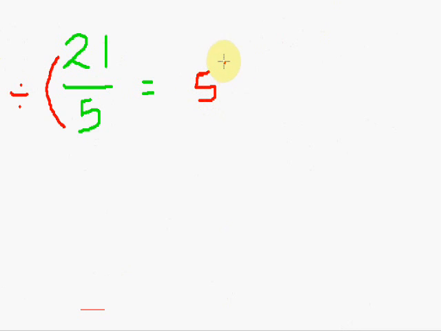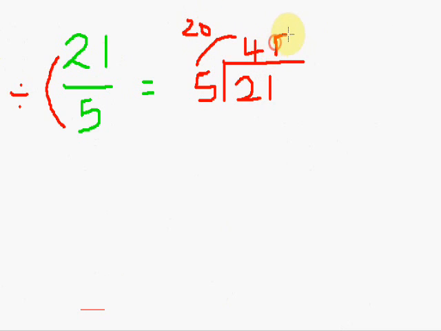So 5 into 21, we know that we can get 4 5s out of 21, and it's going to be a remainder 1, because 5 4s are 20, and 1 is 21.